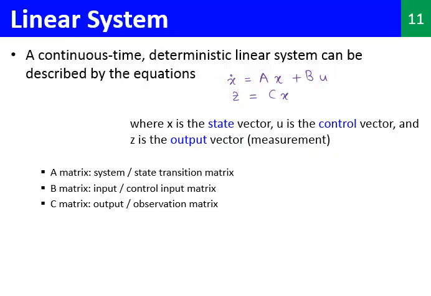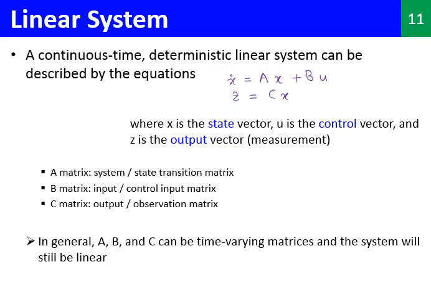Now if we consider the matrices, A matrix is known as system or state transition matrix, B matrix is the input or the control input matrix, C matrix is the output or observation matrix. These three matrices can be time varying as well, and still the system will be linear.